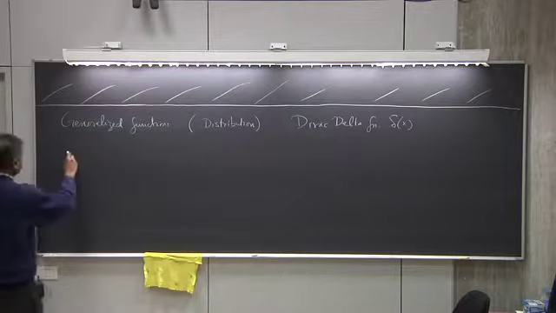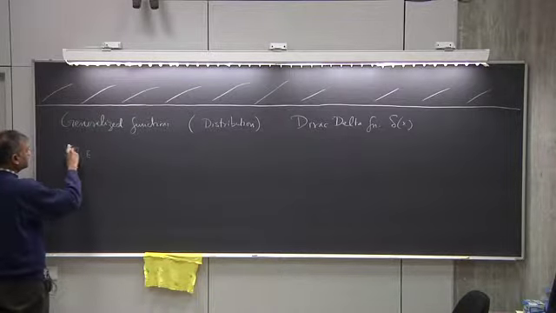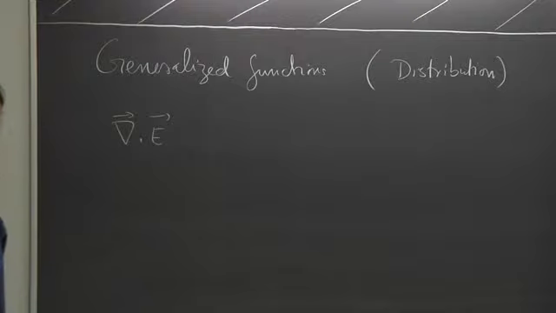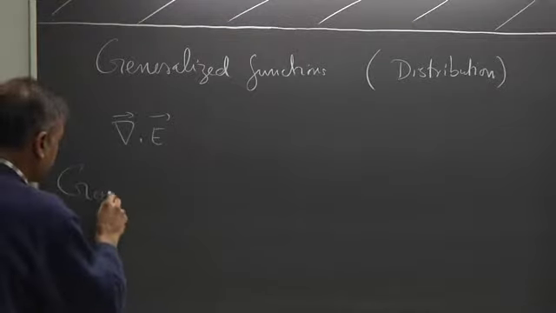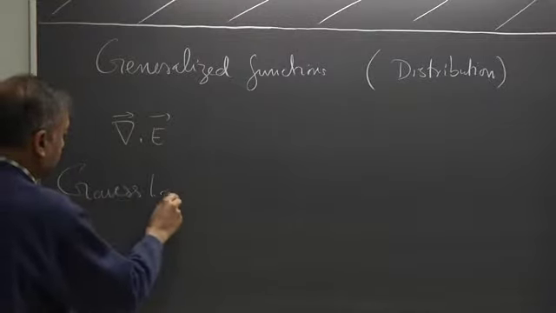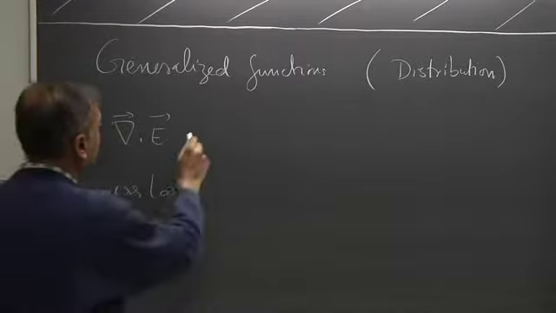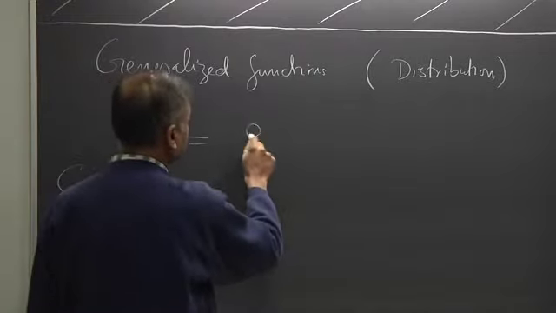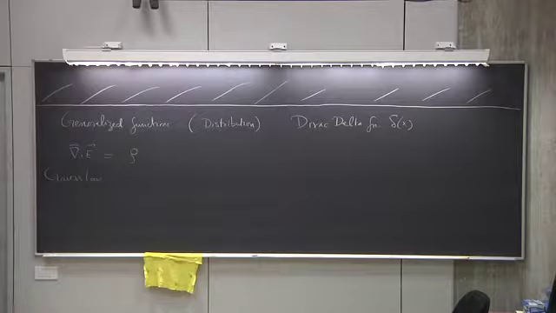So the equation will be the divergence of the electric field. This is Gauss's law. That will be equal to the charge density, right? There could be some numerical factors, but basically it's charge density.